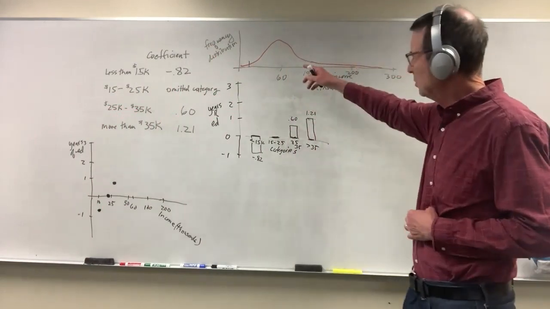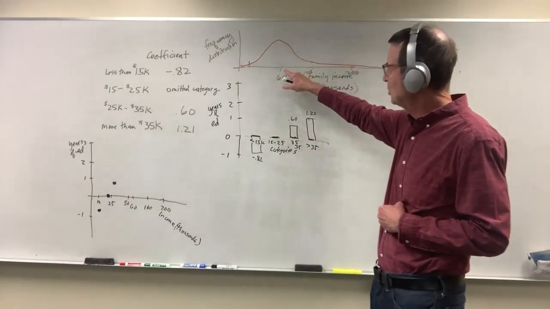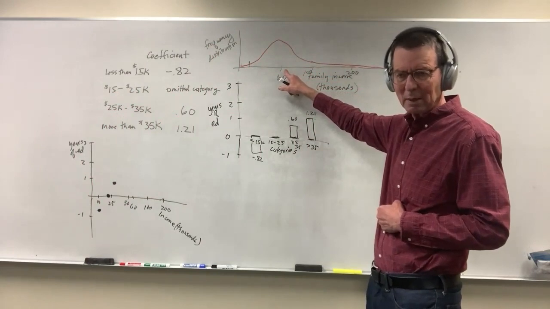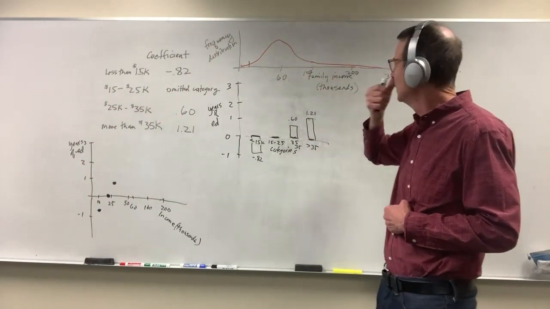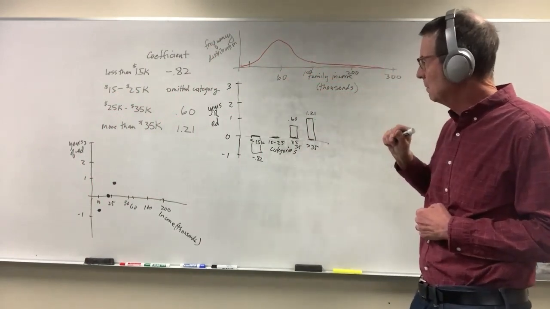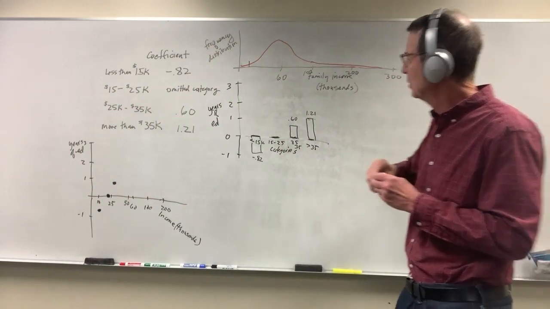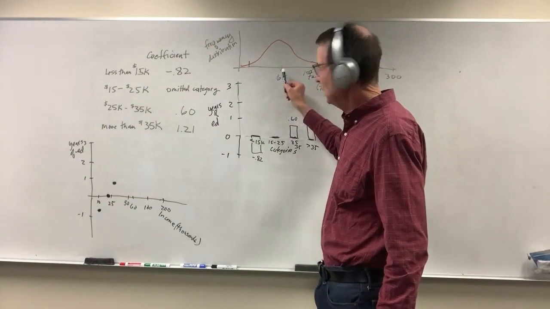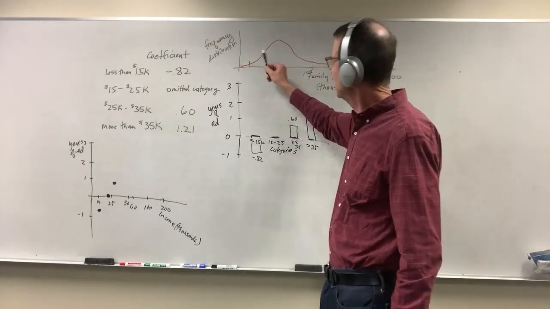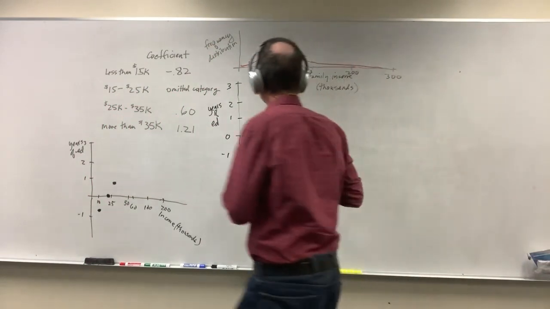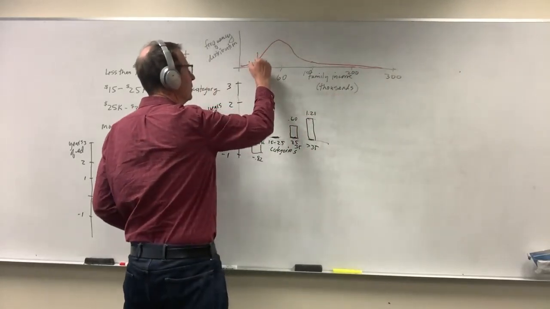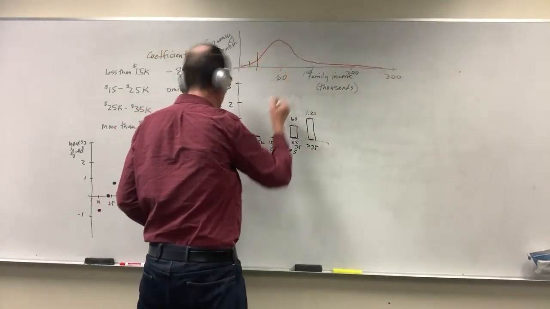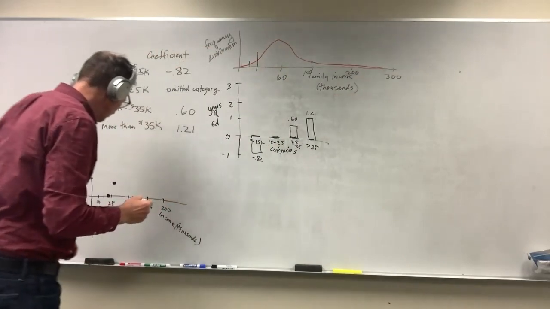And if you think about the income distribution, the average income in the population is about $60,000. But the average for people with incomes above 35,000 is going to be even bigger than 60,000, right? It's kind of the average of this distribution beyond 35,000. And it might be, let's say, 70,000.